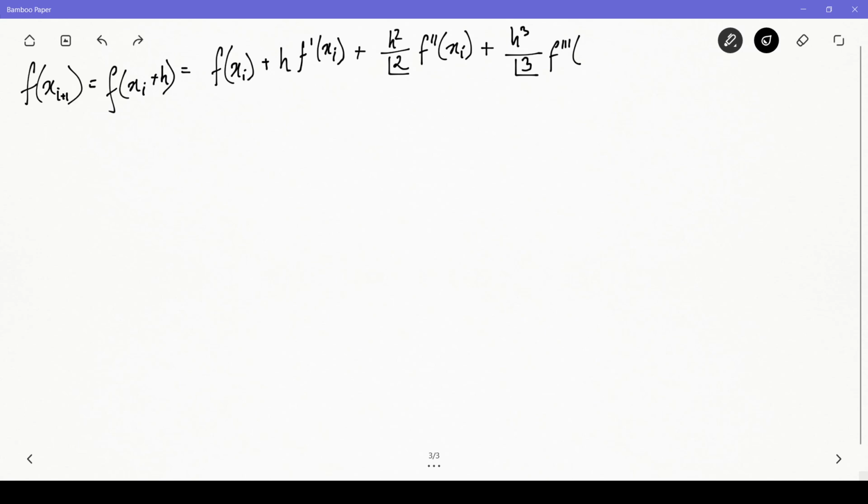So let's say this is the third derivative at a point c sub 1, where of course c sub 1 is between x sub i and x sub i plus 1, or to put it more bluntly, x sub i plus h. So the point c sub 1 lies somewhere in between, okay, fine.